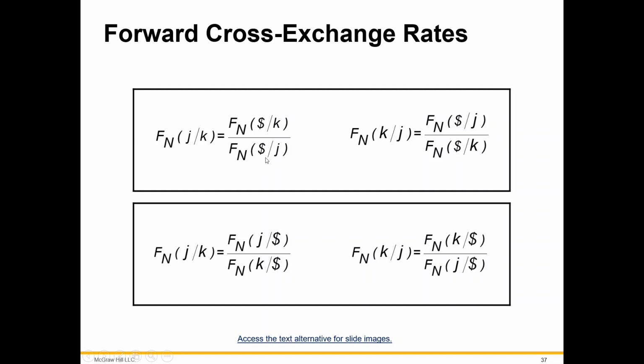We're doing it backwards because they're on the bottom. And if we have K over J, then we're doing it backwards because they're on the bottom. That's if you're using an American quote. If you're using a European quote, then we don't need to be upside down, and it just tracks. So for J over K, you would just do J over K, and for K over J, you would do K over J. That's because they're in the numerator in this case, and the denominator in this case.